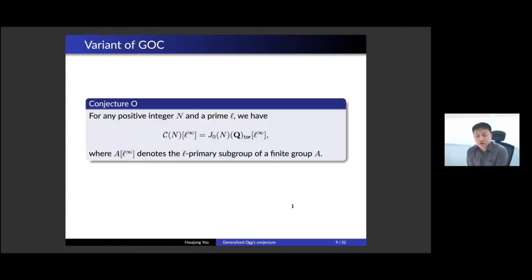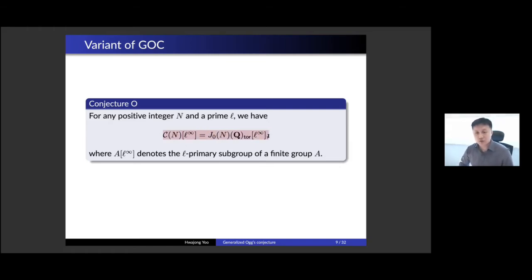So this is a variant of the generalized Ogg conjecture, combining the previous two conjectures. And conjecture O, I don't know why this name, but let's just say maybe this is O: for any positive integer n and a prime number L, these two groups are equal. Here, L to the infinity denotes the L-primary subgroup of this abelian group.